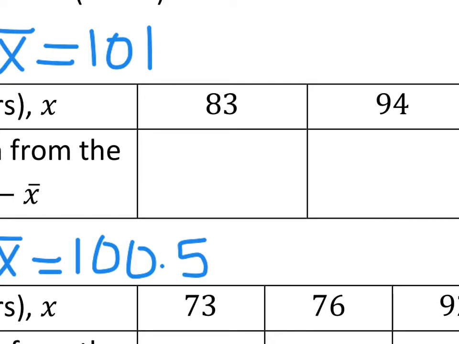We have our data value is 83 minus the mean of 101, and we get negative 18.